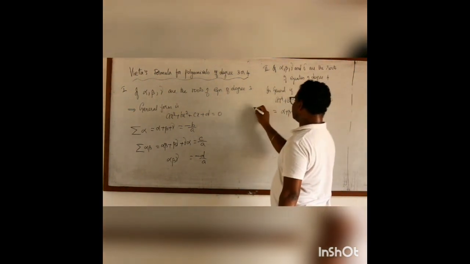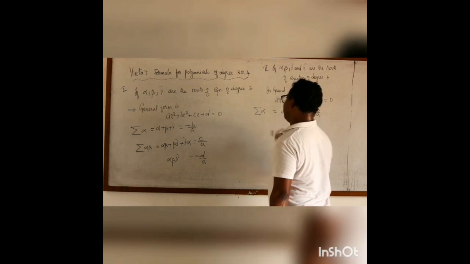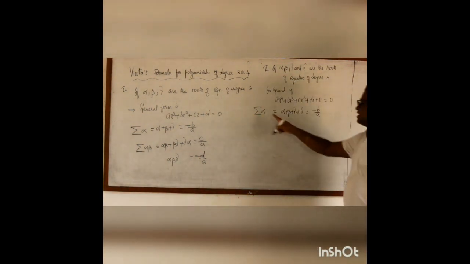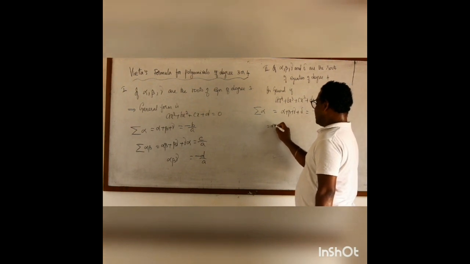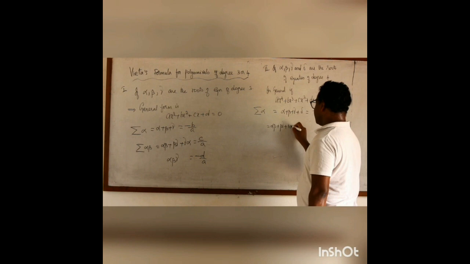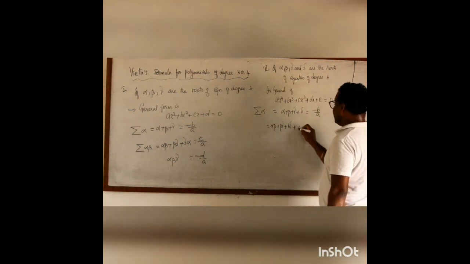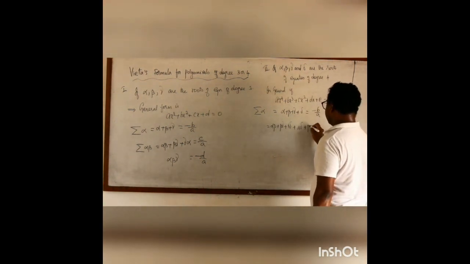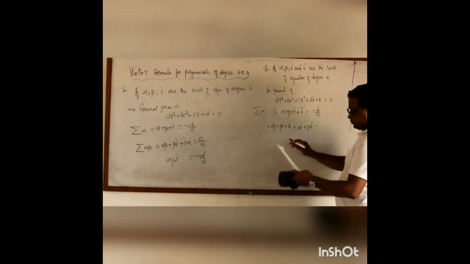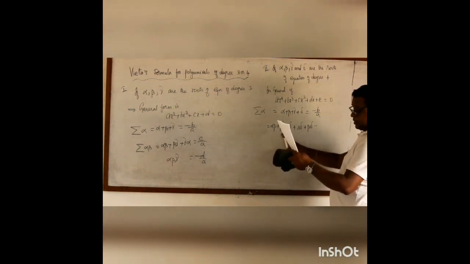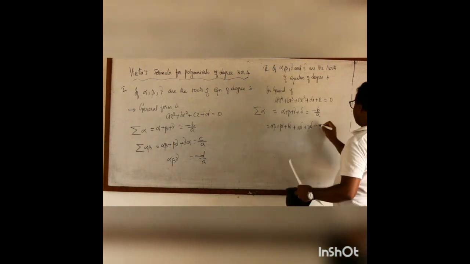So we can write this as sigma alpha, that means sum of single roots. Now sum of 2 roots means this will be alpha beta, beta gamma, gamma delta, then alpha delta, beta delta, then alpha gamma.